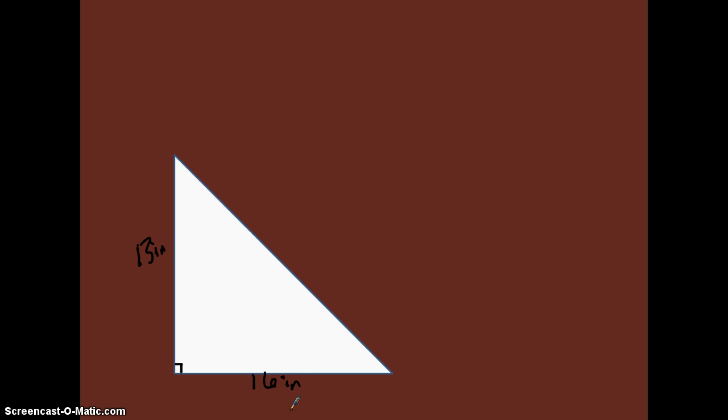I know that we can use theorems to figure out what this line should actually be, but just for the sake of demonstrating how to find the area of a triangle and keeping this video short, I'm just going to make up numbers and plug them into the formula. Actually, I don't even have to give this a measurement because all I'm interested in is the base and the height, so I'm just going to leave it off for now.